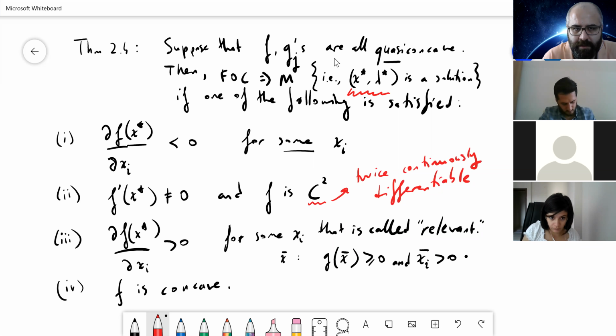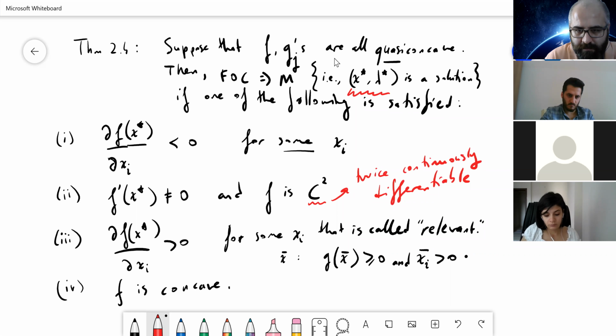Again, under quasi-concavity, if F and the G's are not concave but quasi-concave, we require further conditions for second-order sufficiency. One is that for at least one variable, this derivative is negative. So at least one variable is a bad, not a good.